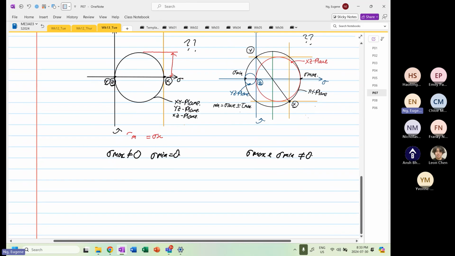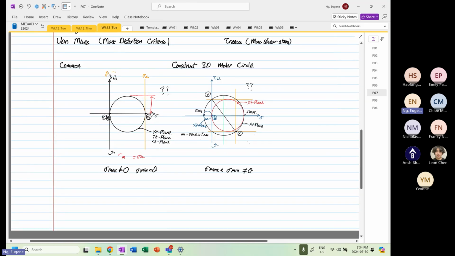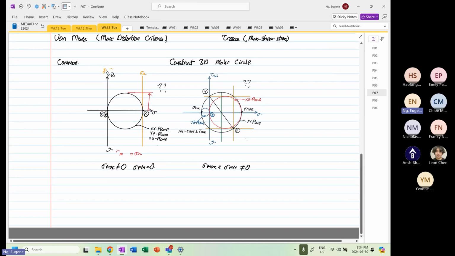Okay, so if we were to look into von Mises, all we need to do is find stress A squared minus stress A stress B plus stress B squared. We need to ensure that it's less than stress U squared. That's it. Okay.